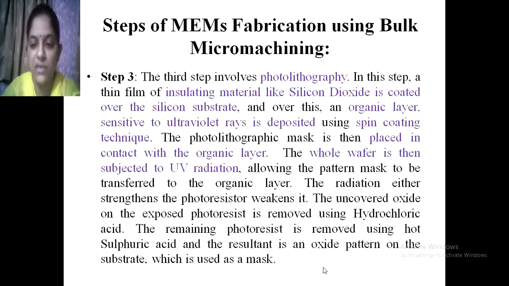The uncovered oxide on the exposed photoresist is removed using hydrochloric acid. So in the third step, the oxide pattern on the substrate is generated, which is used as a mask.